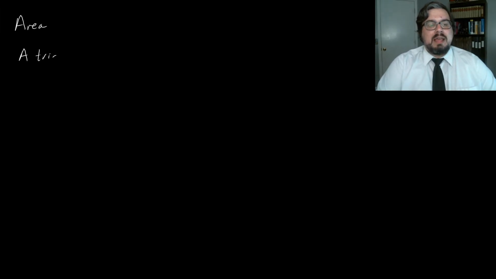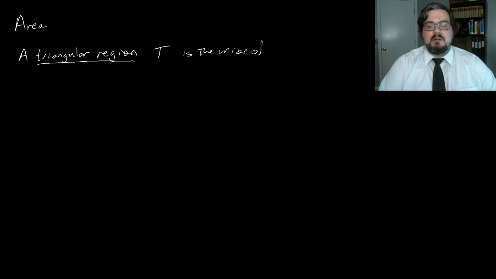A triangular region. A triangular region T is the union of a triangle, which I'll denote triangle ABC, with its interior.